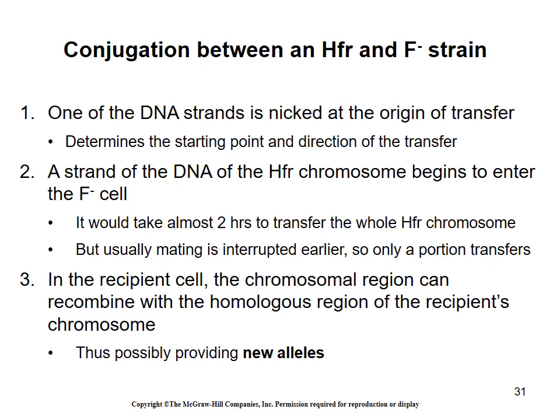Any of the genes that are close to the starting point and the direction of transfer, chances are those will move along with the plasmid as well and will be relocated from the donor into the recipient cell. So we see on our second step, it says a strand of DNA from the HFR chromosome, the combination between the bacterial chromosome and the F plasmid, begins to enter the recipient cell, your F negative cell.